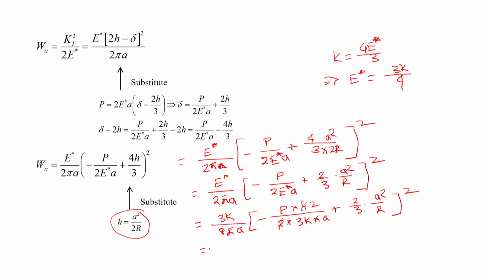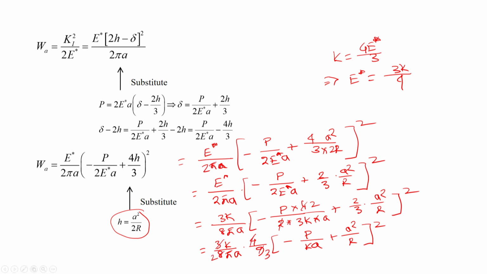So, you take out 2 by 3 outside, it is 4 by 9. So, 4 by 9 is 3 by 8 into K into pi into A, and let us say 4 by 9 here. This is minus P by capital K into A, plus A square by R, whole square. So, this is 4, it gets 2, and this is 3, this is 3.